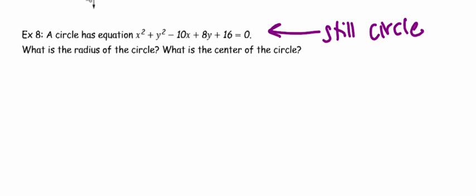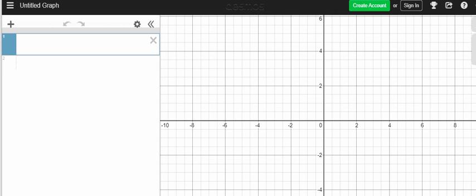There is a crazy long algebraic way to do this, but Desmos will do it for you. So I'm going to open up a Desmos window on my computer, and I'm going to type this equation in, and then we'll be able to see what the radius is and what the center is. So let me go to Desmos.